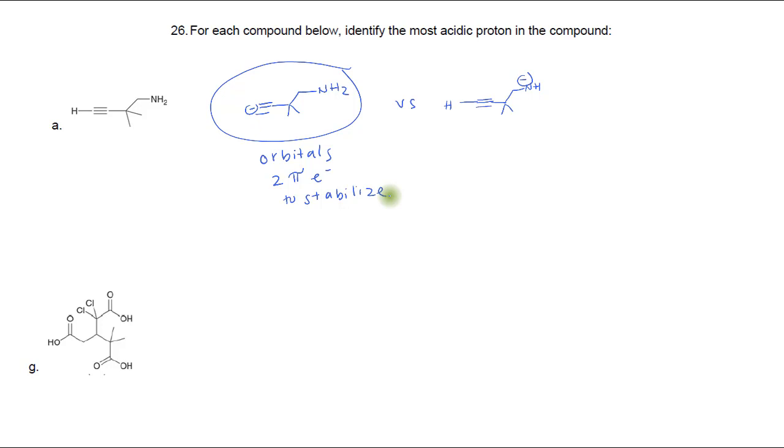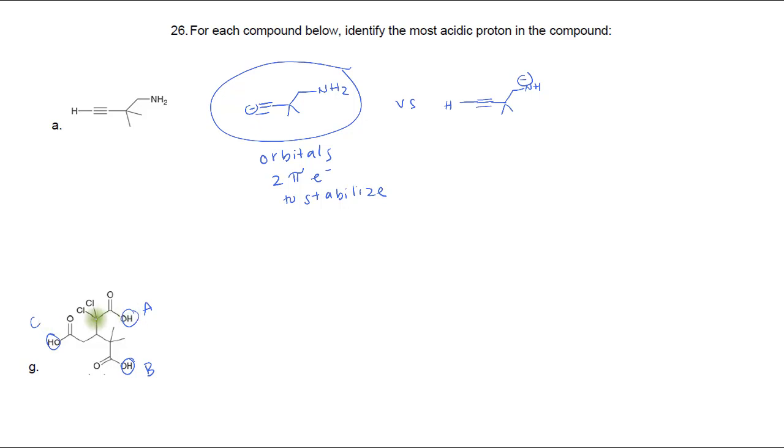In G, we're looking at a triacid. A triacid is 3 carboxylic acids. I'm looking at comparing this one. We'll call that A, B, and C. If I was going to rank them, in order to find the most acidic one, I want to find the differences between them.